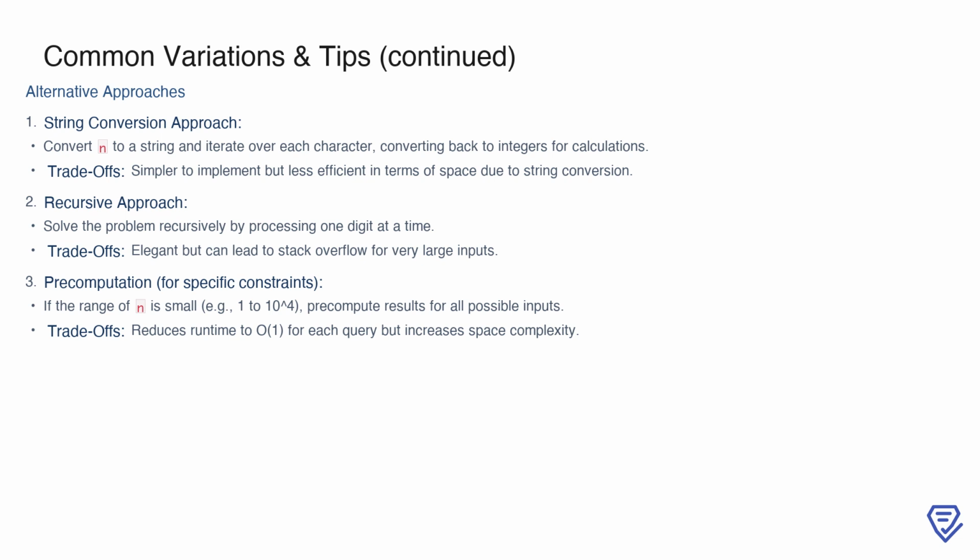While elegant, this method could lead to stack overflow errors for very large inputs, so it's important to consider the constraints. Lastly, there's the pre-computation approach, which works well if the range of inputs is small, such as 1 to 10,000. Here, you calculate and store the results for all possible inputs in advance, reducing runtime to O(1) for each query. However, this comes at the cost of higher space complexity. Each of these methods offers unique advantages and trade-offs depending on the problem constraints and requirements.